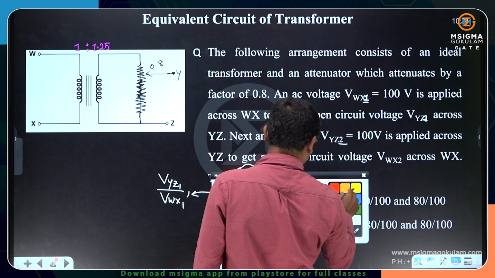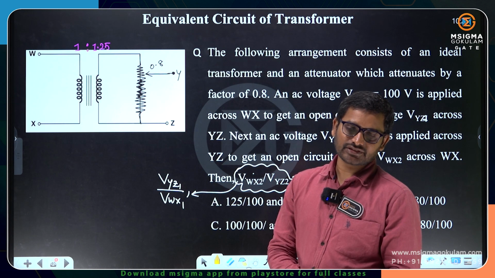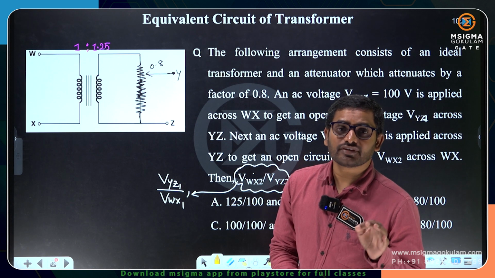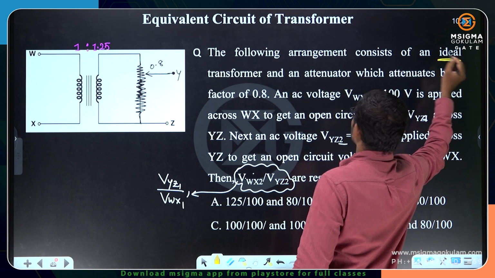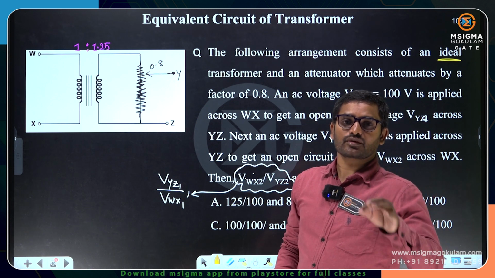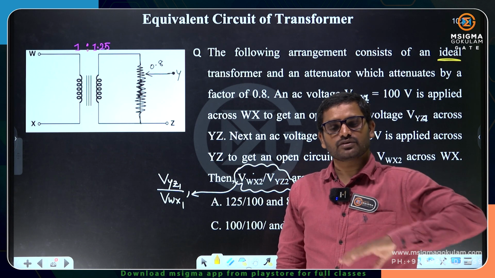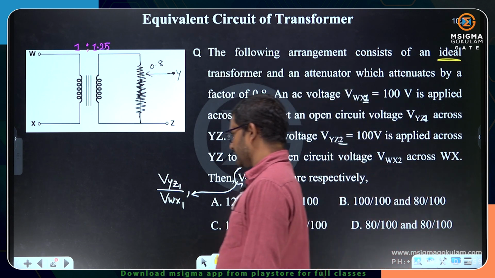Now you take up case 1 and observe what is the voltage. You take up case 2 and observe the voltage. By the way, don't forget that this is an ideal transformer. So the losses are going to be 0. The magnetizing current is 0. Working component of current is 0. No load current is 0. So let us take up here.